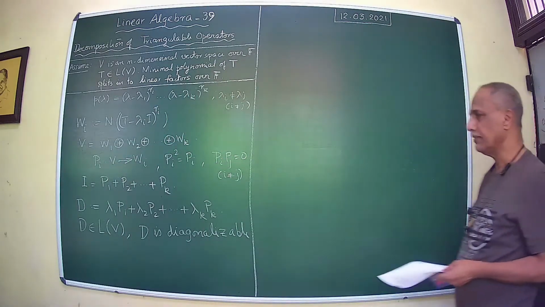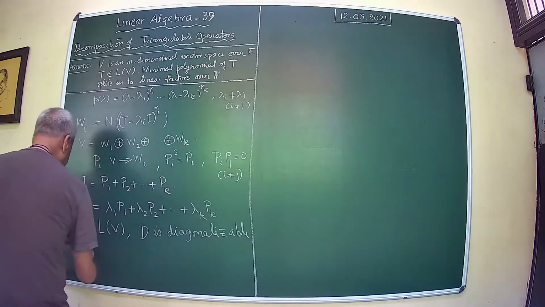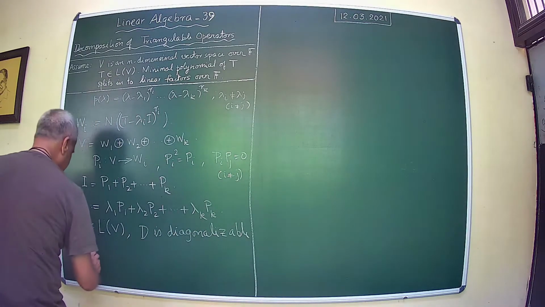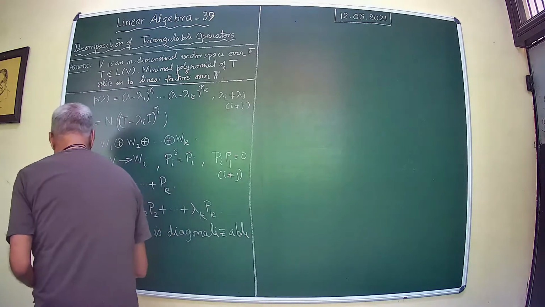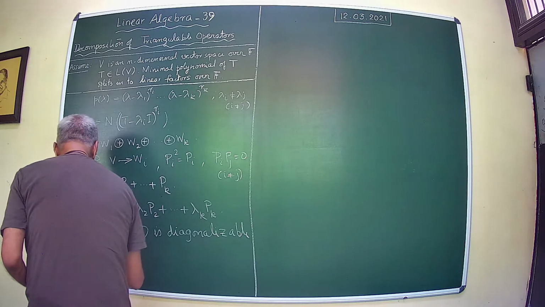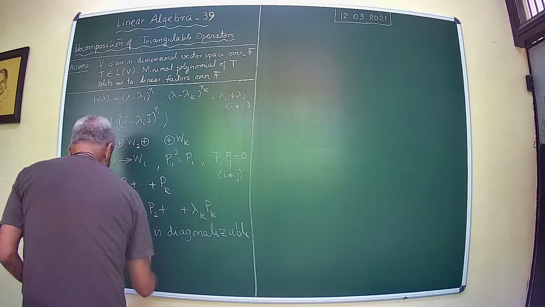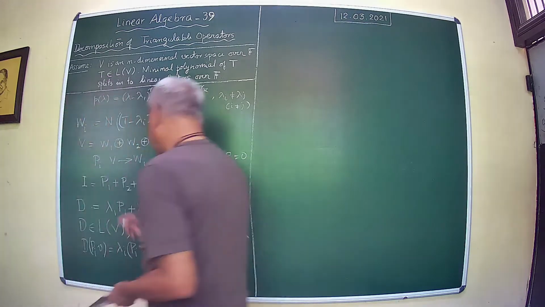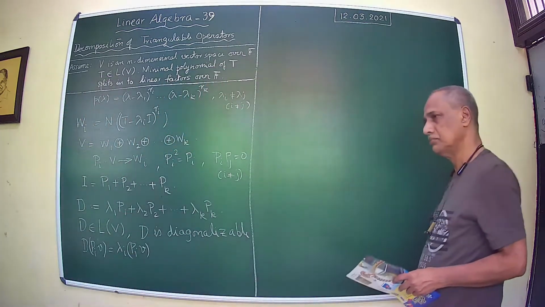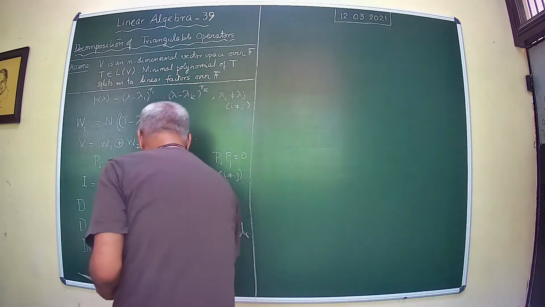In fact, the property that you have is this. See, D of Pi v, you know, these Pi v are elements in Wi.